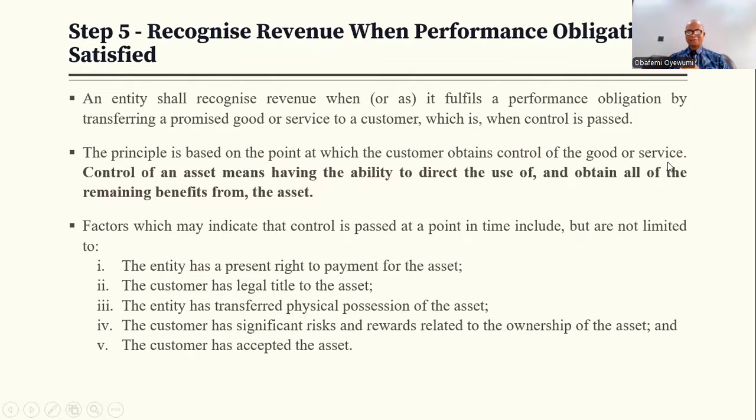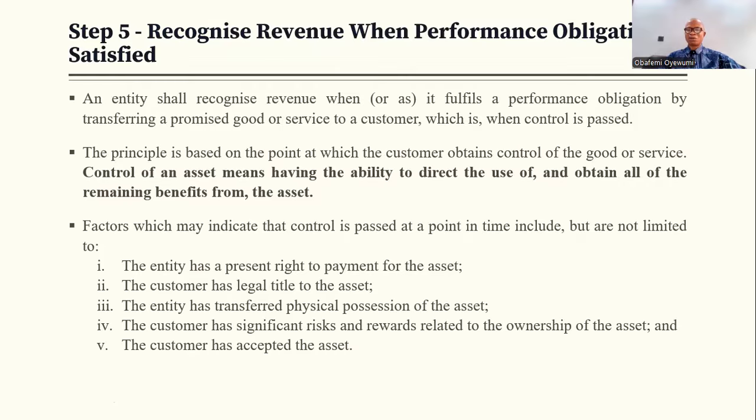Now, let's go to this. Number one, the entity has the present right to payment for the asset. The customer has the legal title to the asset. The entity has transferred physical possession of the asset to the customer. The customer has significant risks and rewards relating to the ownership of the asset, and the customer has accepted the asset.